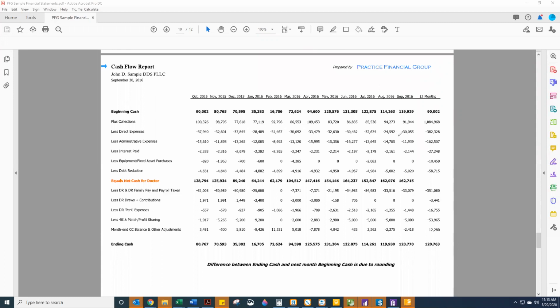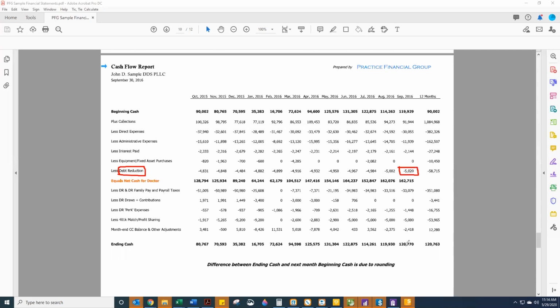Well, in the month, what you would see is this number, debt reduction, would be larger than the prior months if you had surplus and you put it all towards your practice note. Then this would quickly and easily identify, oh, that's right, we put a big chunk of money towards our practice note or any debt on the business.